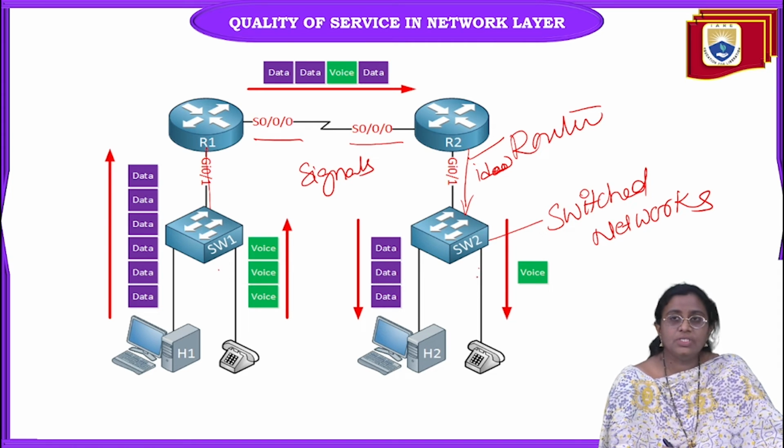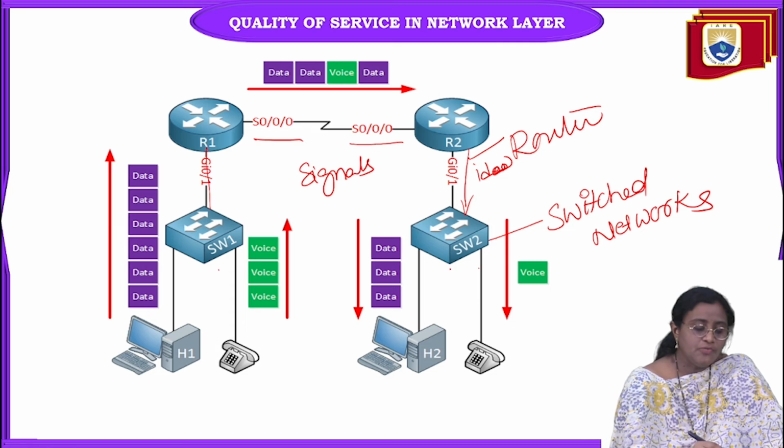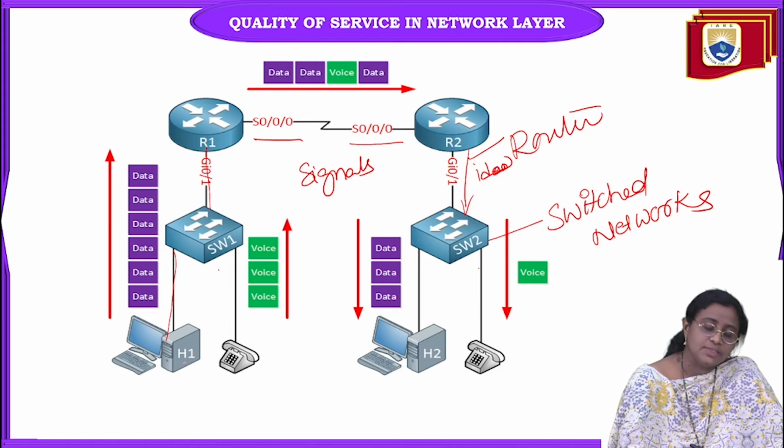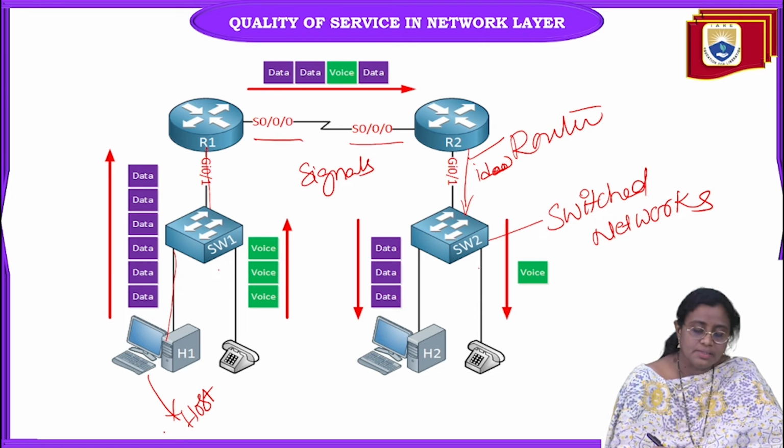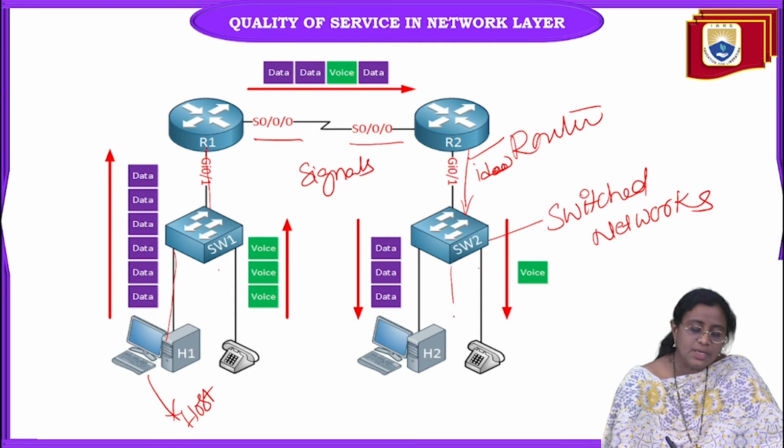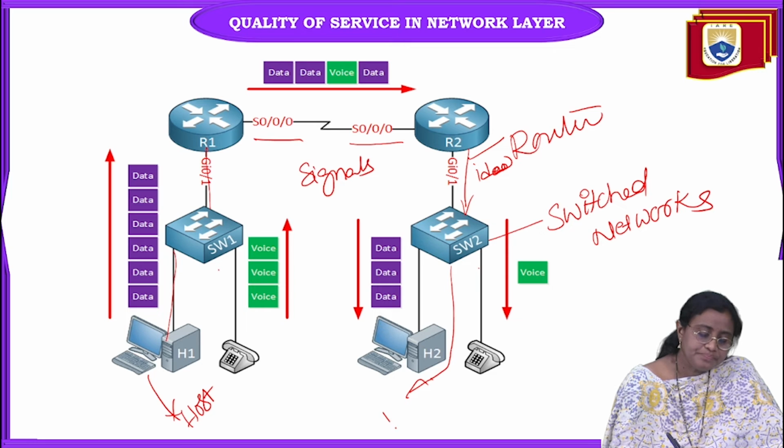Here is switched network 2. After that, it is connected to our host system. This is our personal PC, and here the SWT is connected to our host personal system 2.